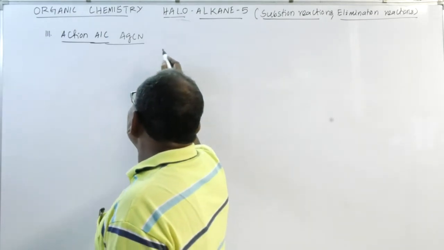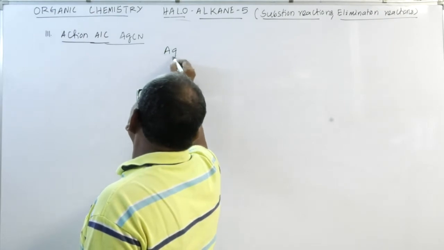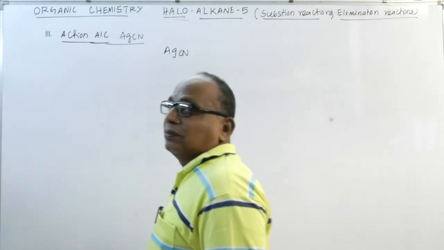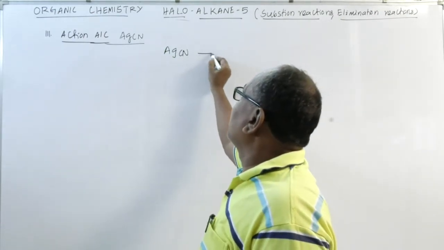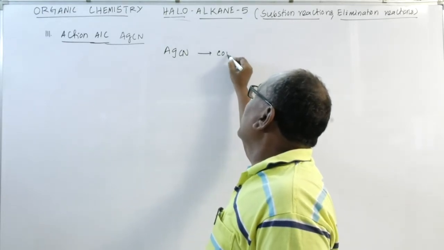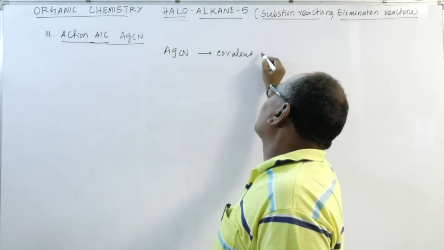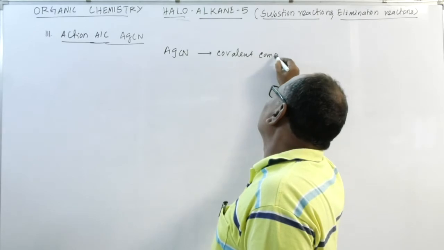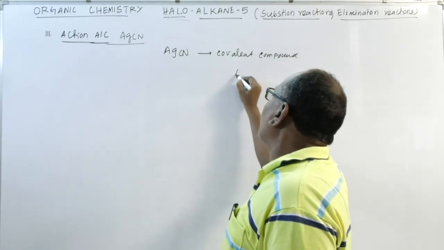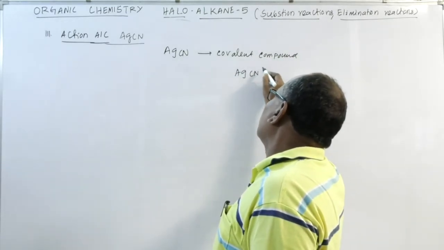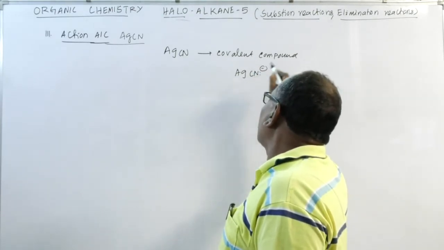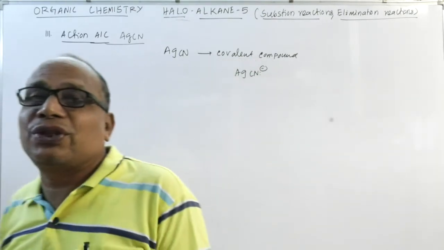But AgCN is a covalent compound. In this covalent compound, the nitrogen atom carries the negative charge.